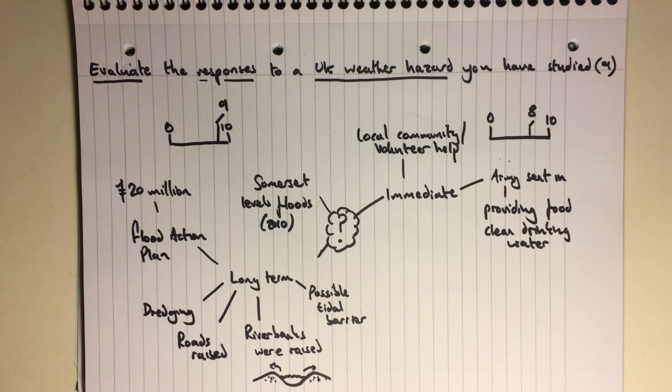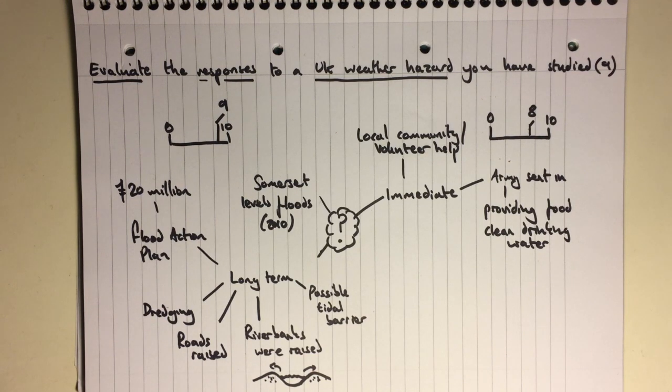Okay, how are we going to bring that all together then? In my opinion, I think that the long-term responses have been more effective than the immediate responses when we're looking at a UK weather hazard. However, overall, I feel that the responses to this hazard were actually particularly effective.